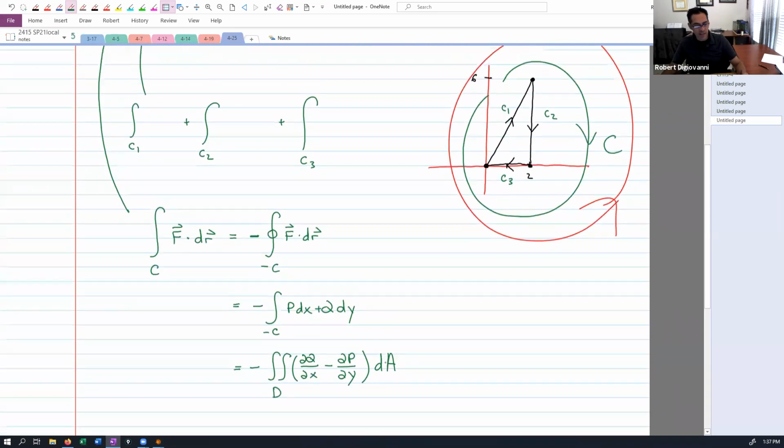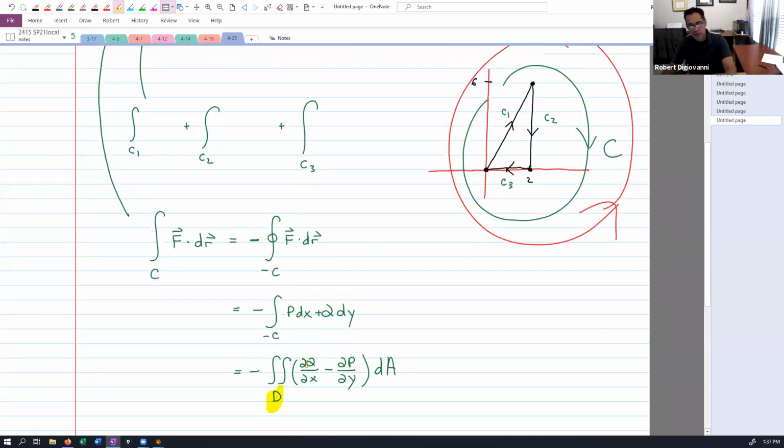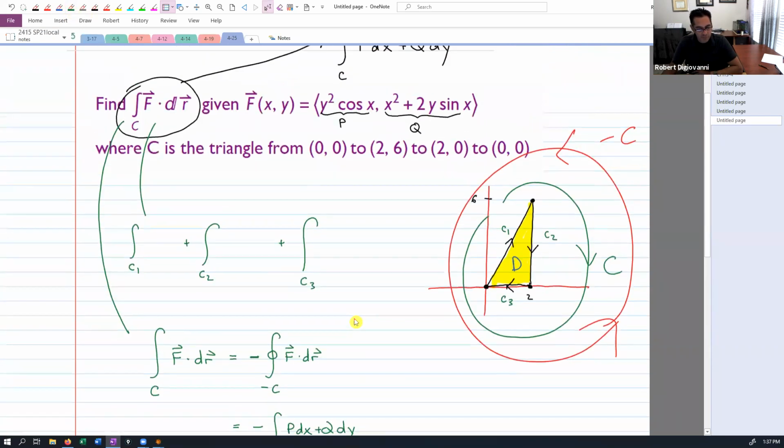And here D is the region that is enclosed. That's your D. Any questions? What is the partial of Q with respect to x? What's the partial of Q with respect to x?